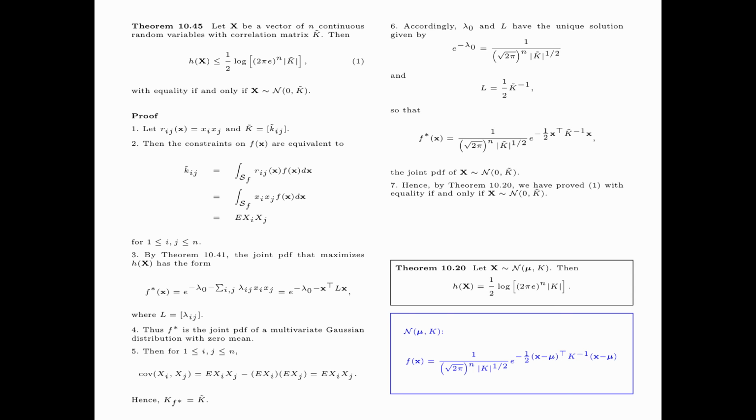Hence, by theorem 10.20, which gives the differential entropy of a Gaussian distribution, we have proved the upper bound on the differential entropy of the random vector X in terms of the correlation matrix K tilde, with equality if and only if X is a Gaussian vector with mean 0 and covariance matrix K tilde.